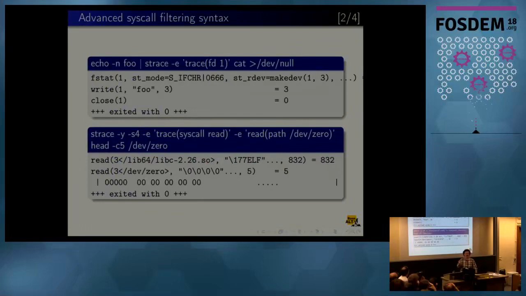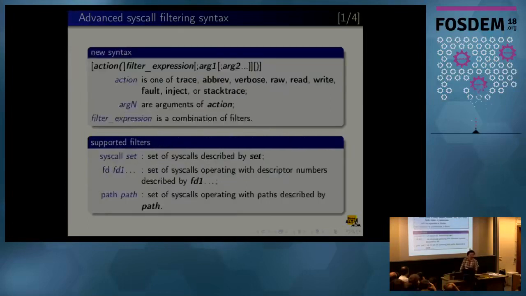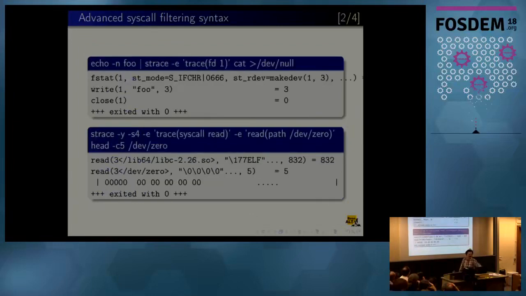With traditional syntax, you can either trace by specification, as you could see before, or you can dump by file descriptor number. Now you can combine all these things. You can combine actions. Default is trace. You don't have to specify it. It's written here, trace, but you can omit it, as you can see on following slides.